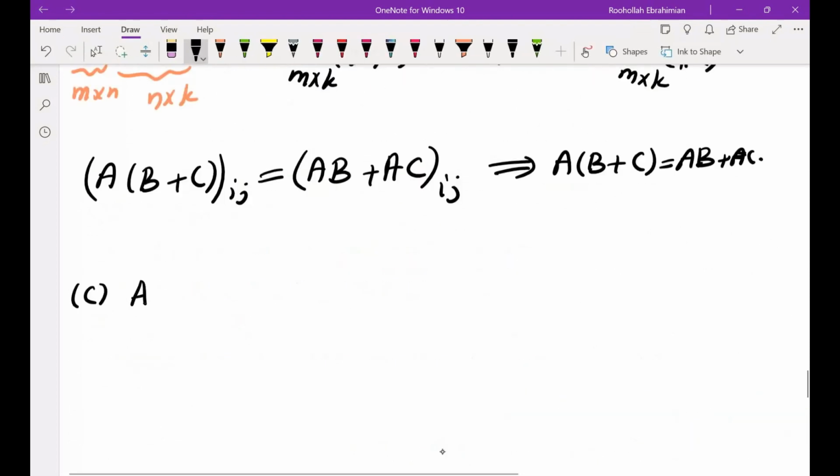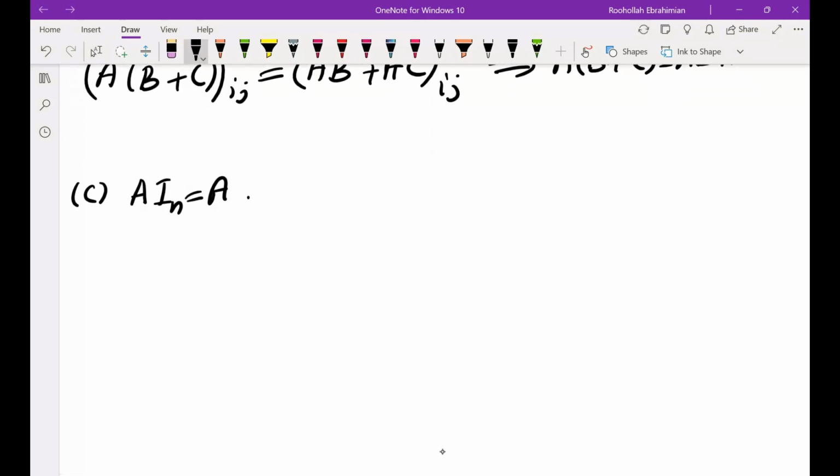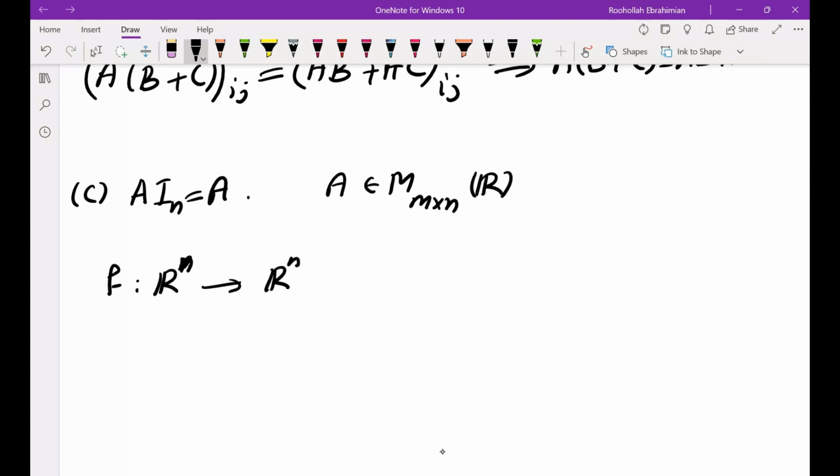So to prove A times In equals A, I'm going to use the second method, which is the relation between linear transformations and matrix multiplication. So let's take A to be an m by n matrix. That's how we can actually multiply by In from the right. Now consider this function, f from Rn to Rm, defined by f of x equals A times x.